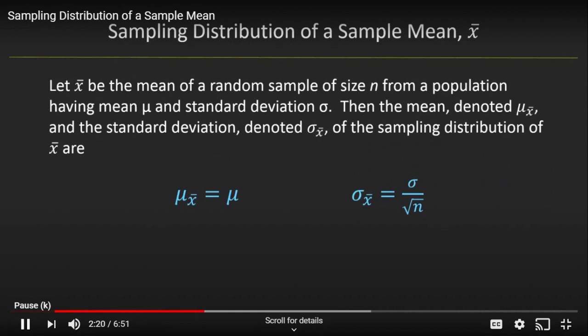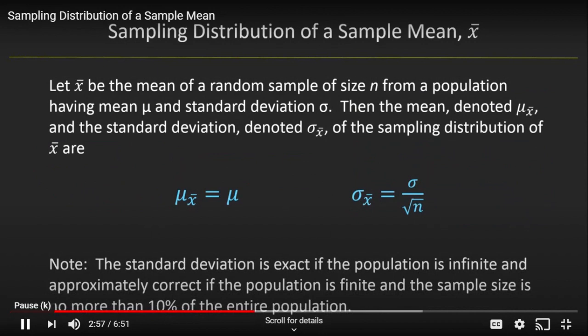Then the mean, denoted mu sub x bar, and the standard deviation, denoted sigma sub x bar, of the sampling distribution of x bar are: mu sub x bar equals mu, that is, the mean of the sampling distribution of x bar is equal to the mean of the population, and sigma sub x bar is equal to sigma divided by the square root of n. So in other words, the standard deviation of x bar is equal to the standard deviation of the population divided by the square root of the sample size.